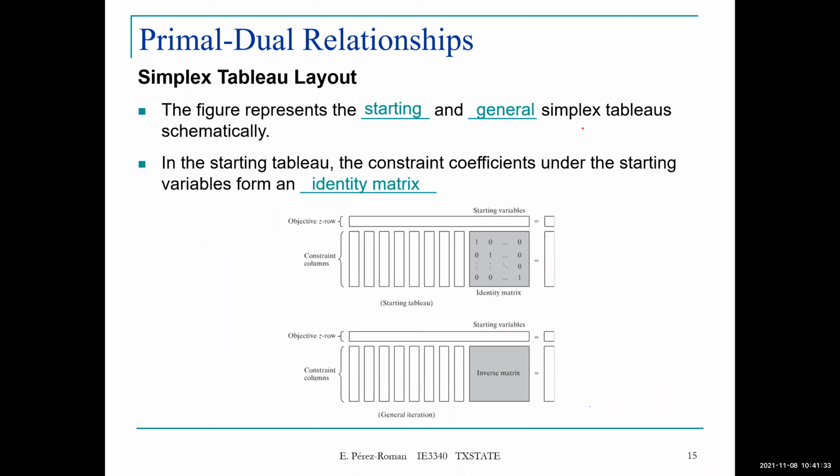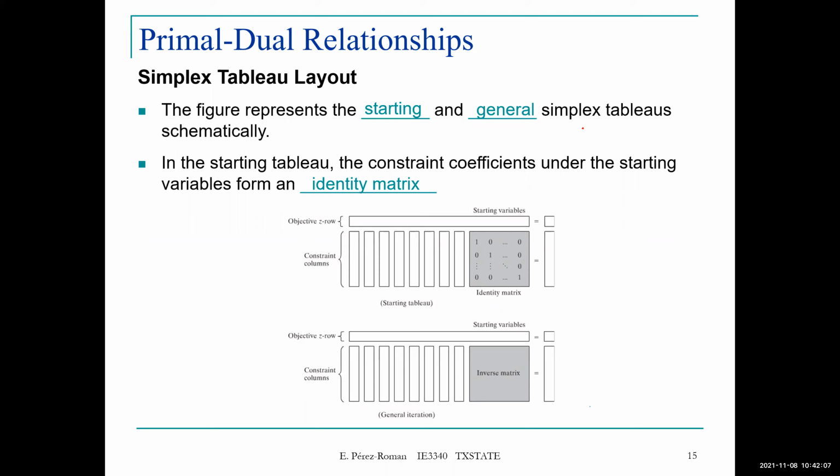So what we want to do is keep an eye on the location where the starting variables were placed in the Tableau. That location of the starting variables, S1, S2, and S3, will be under the identity matrix. And I always told you, if you want to find the basic variables, you have to look for the identity matrix, right? So for the first Tableau, we have the identity matrix, and those were connected to the basic variables here.